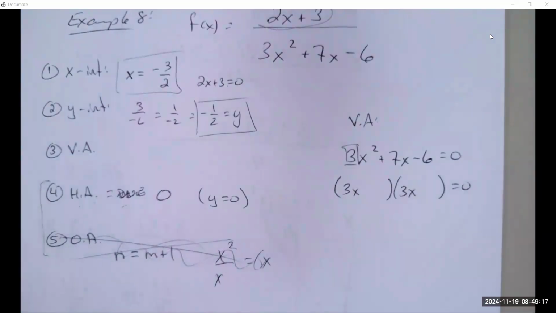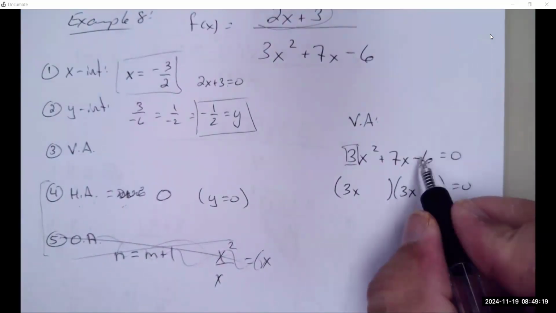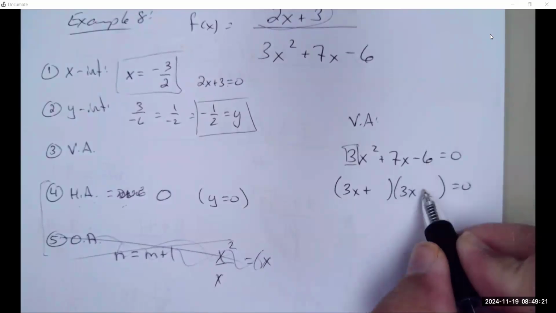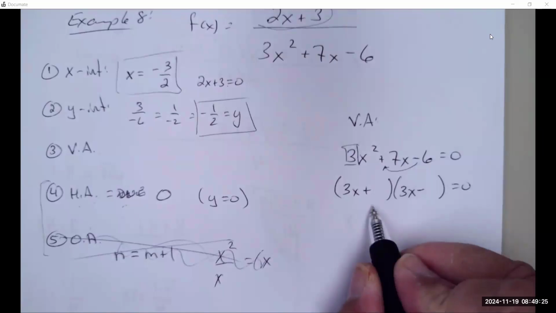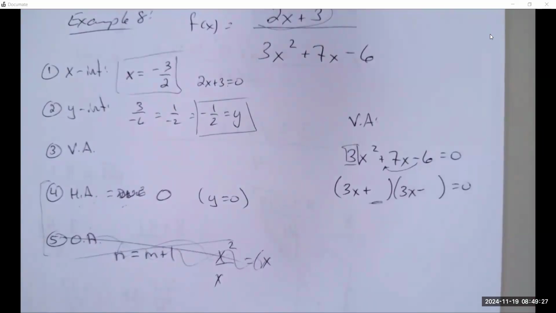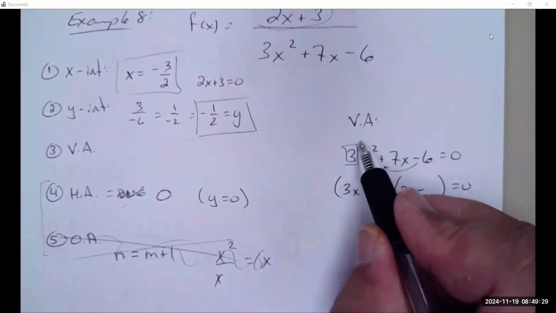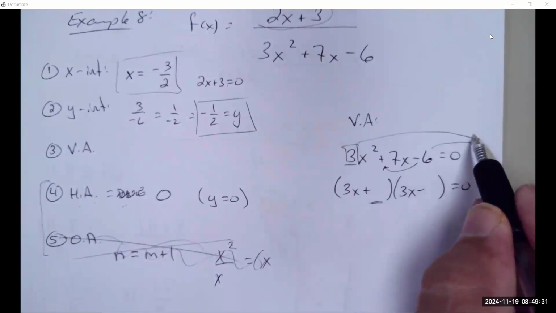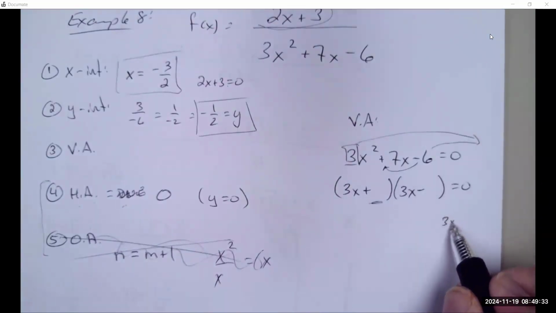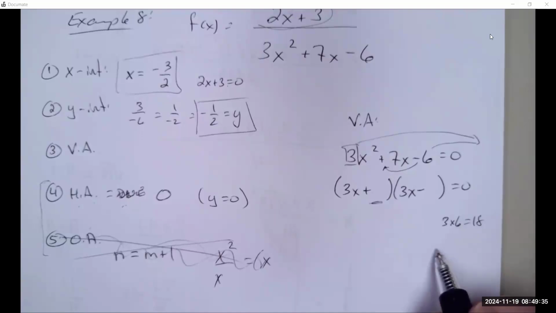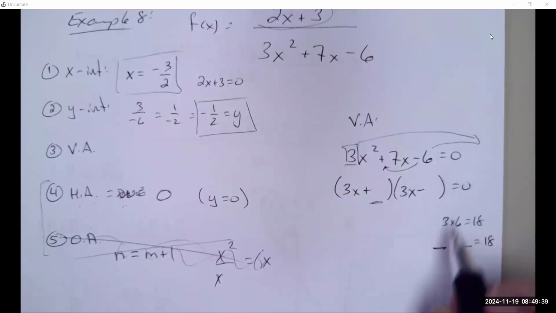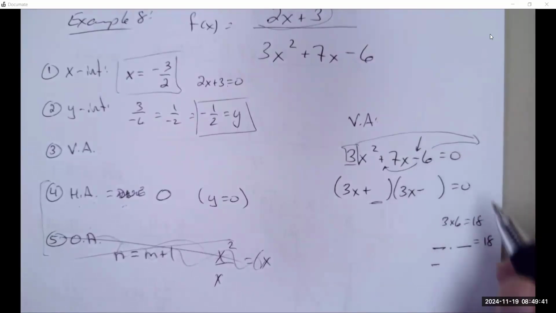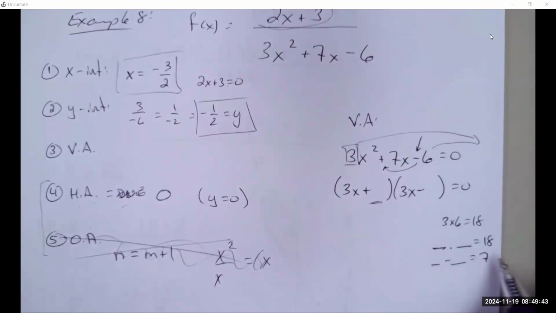Then different signs, because the second sign is a minus and the bigger number gets a plus. Now we take the first term times the last, so 3 times 6 is 18. What times what equals 18, where when we subtract them, we get 7? 9 times 2, 9 minus 2.